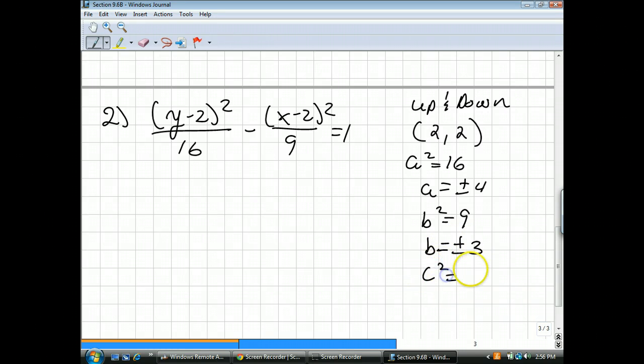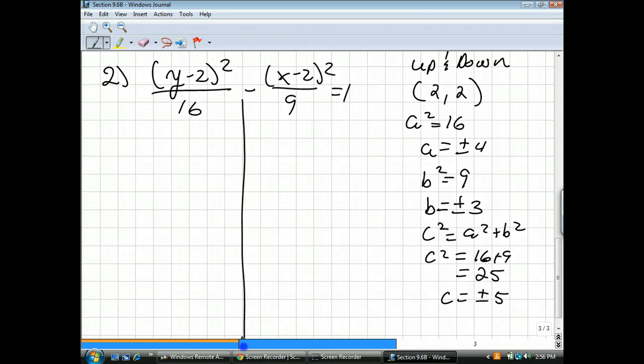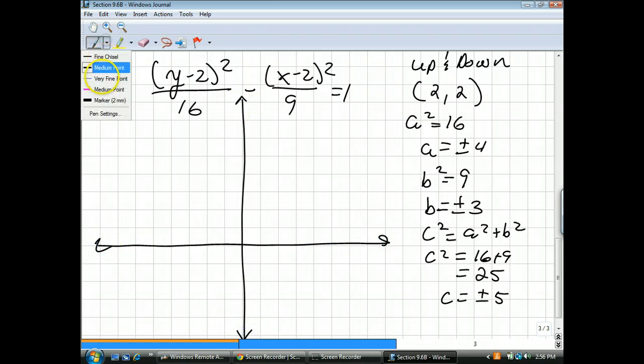And c squared equals a squared plus b squared. And so c squared is equal to 16 plus 9, or 25. So c equals plus or minus 5. Okay, so now we're ready to start graphing. So again, the first thing you plot is your center, and then everything moves off the center.